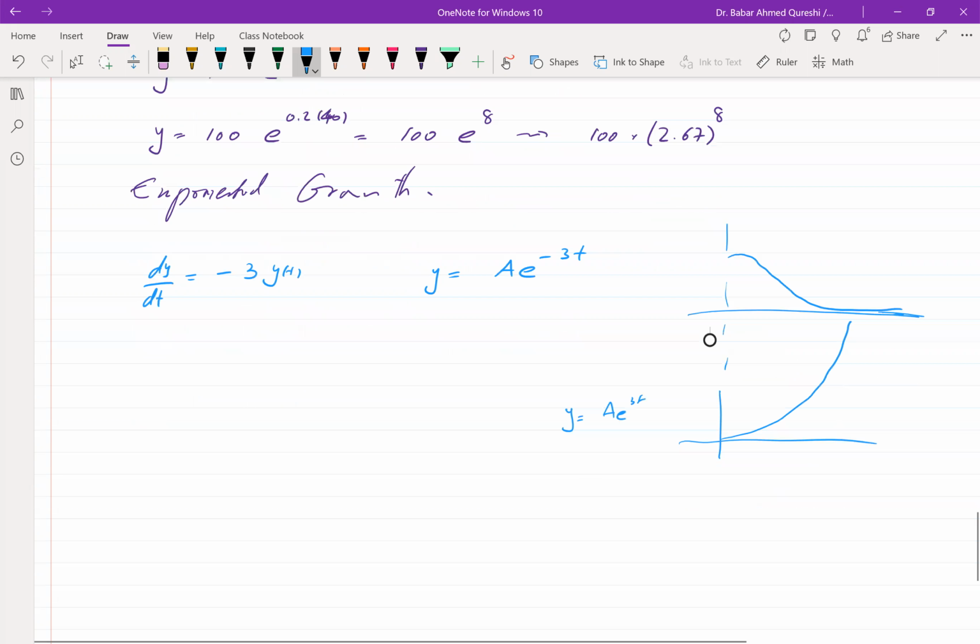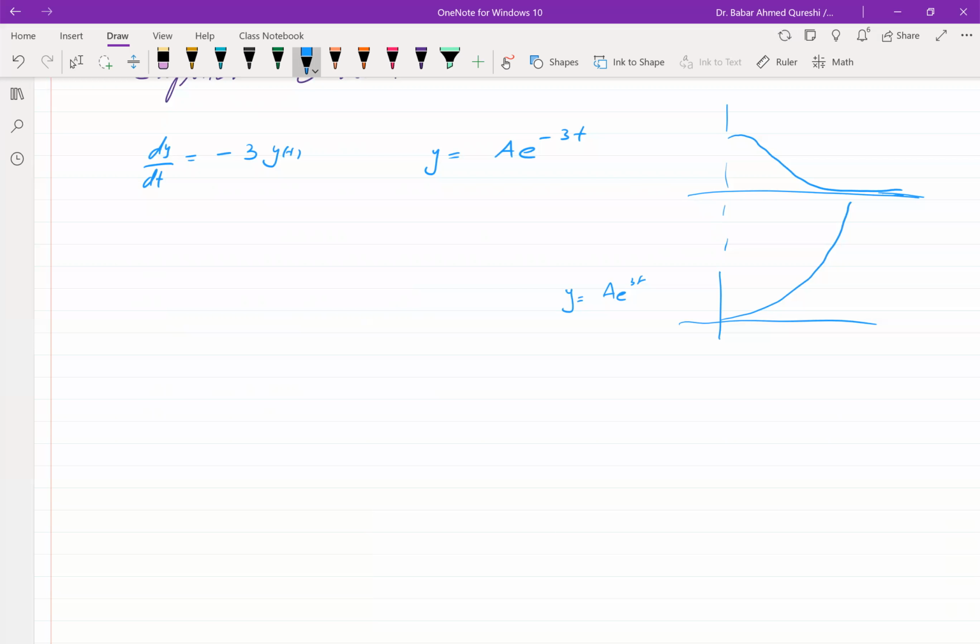If you are considering, for example, compound interest, you have some wealth, y of t, and you have invested it somewhere where in a unit time, that could be 1 year, you get 10% profit. So that means the rate of change of your wealth is equal to how much more wealth you get per unit time.